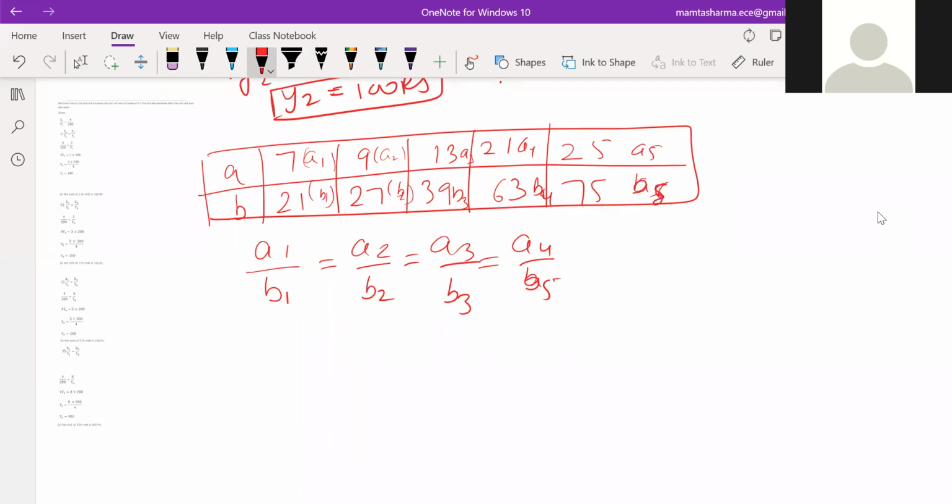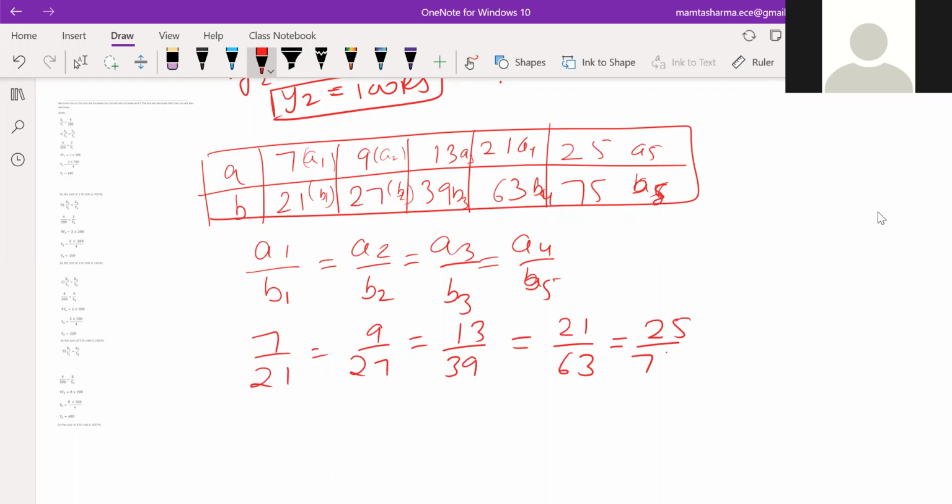Now take the ratio directly. 7 by 21 should be equal to 9 by 27, should be equal to 13 by 39, should be equal to 21 by 63. Ma'am, it is direct proportion. Are the ratios equal? Yes.